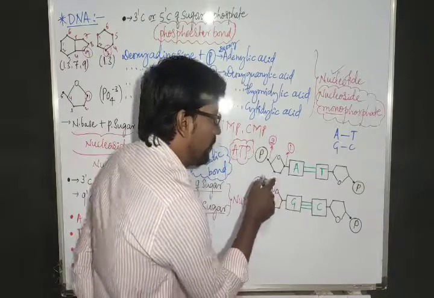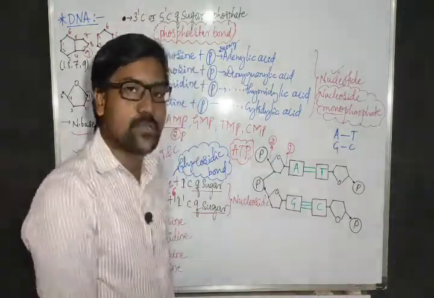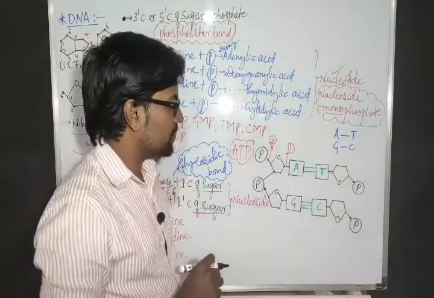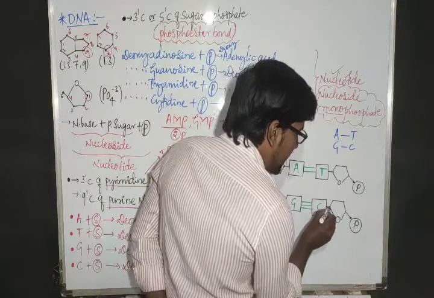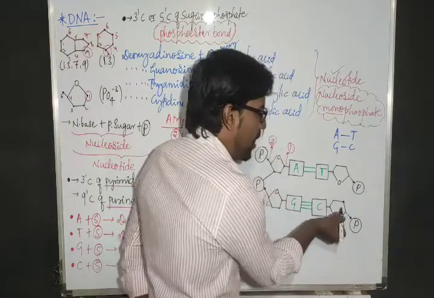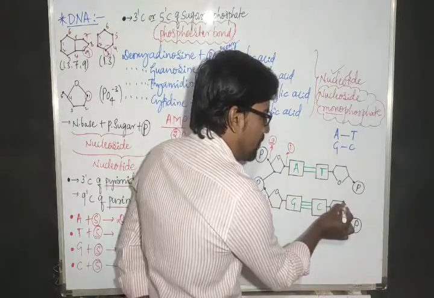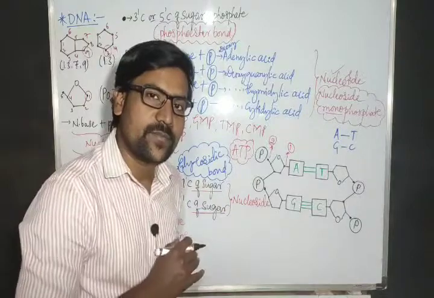The third carbon of this sugar makes one bond with the phosphate on the downside. And on this side, first carbon, second carbon, third carbon. The third carbon of this sugar makes one bond with the phosphate on the upper side.